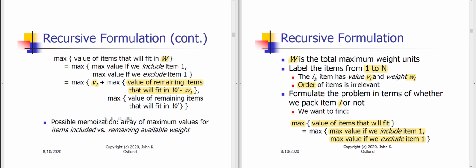This suggests that maybe we can get away with using a two-dimensional array in which we keep track of the maximum values as the rows, where we include just item 1, or where we include item 1 and possibly item 2, or possibly item 1 and or 2 and or 3, and so on. And as the columns, we can use the remaining available weight that still exists within our knapsack.